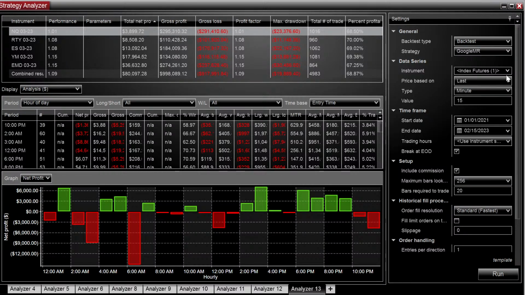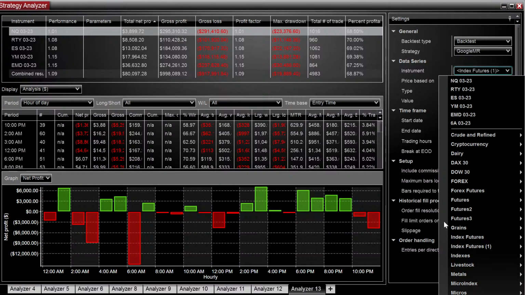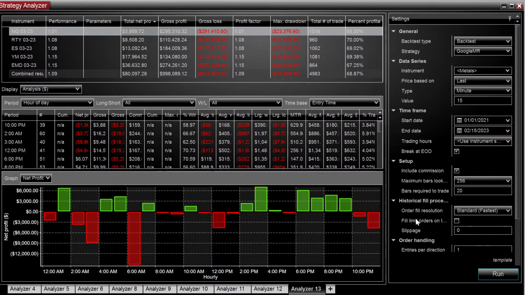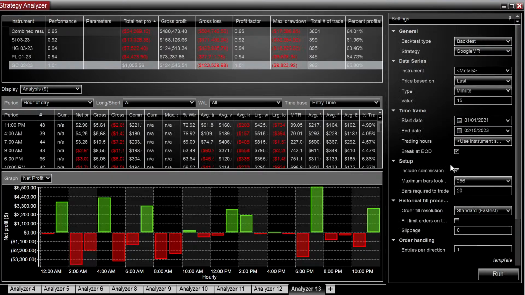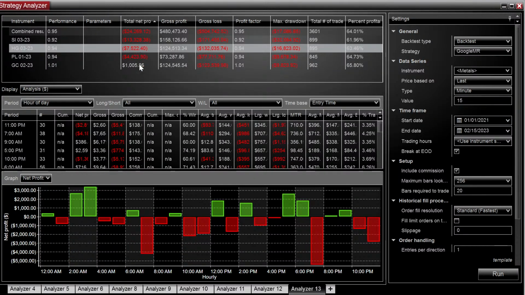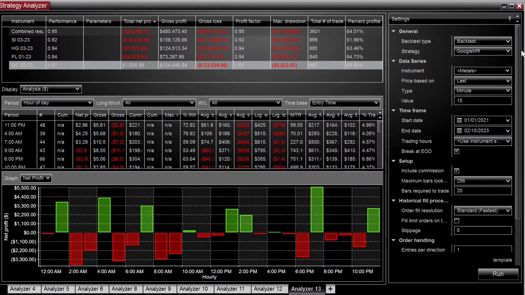Let's see. I'm going to run it on the metals. Let's see how it does on the metals. Doesn't really do any good on the metals.